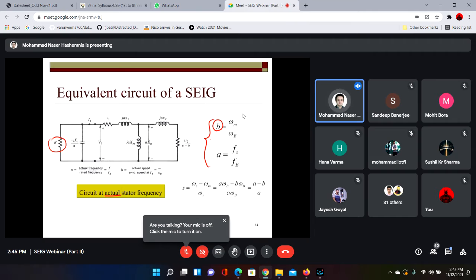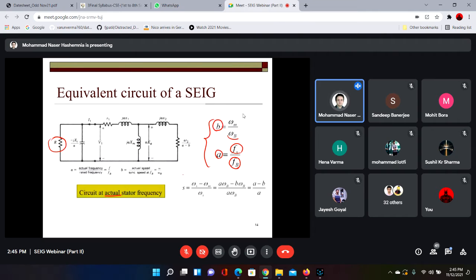B is equal to omega m, mechanical speed, divided by mechanical synchronous speed, or electrical rotor speed divided by electrical synchronous speed, and A is the frequency of the stator divided by base electrical frequency. Base electrical frequency for us is 50 hertz.